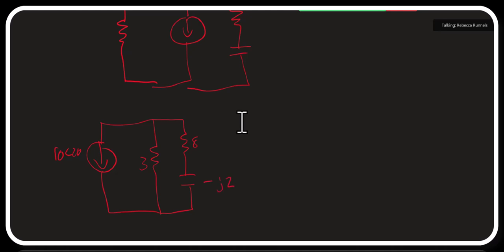j2. So we found Z equivalent, and this is parallel, so it's a product over the sum. Am I reading that wrong? Is that a 5? It's a 5 and 3. Yeah, 5, 3, negative j2. That's supposed to be a 5.